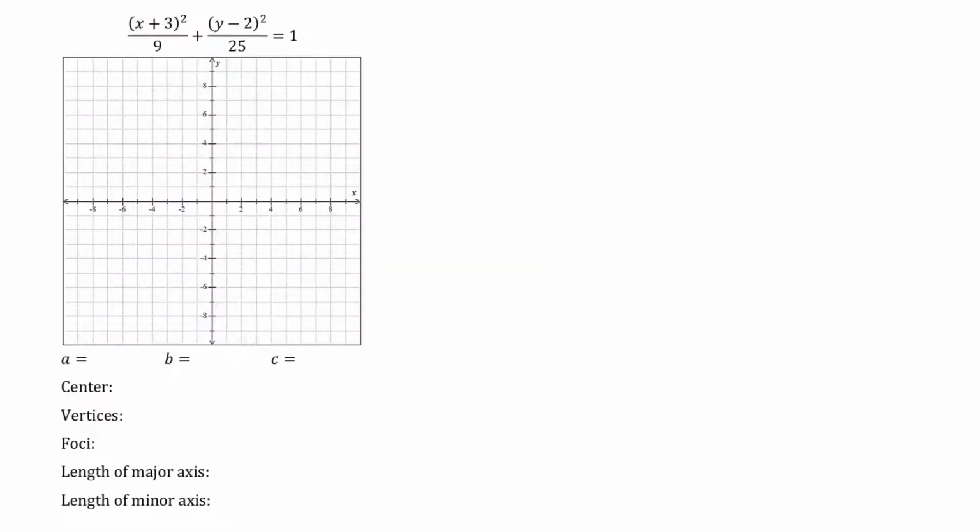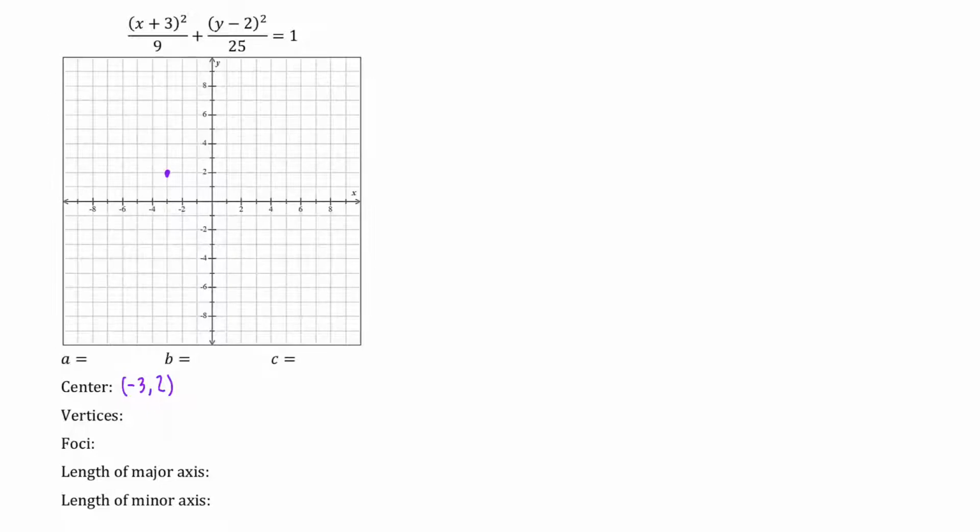So if this is a +3, that means that the x-coordinate of the center is going to be -3. The y-coordinate of the center is the opposite of -2, so it would be +2. So the center is going to be at -3, 2, which is going to be right about there.